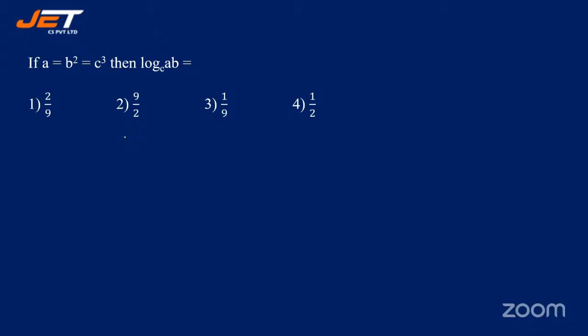I'll just give you 1 full minute for you to work out this, students. Then I'll explain how this has to be done. Yes, so quickly you can do it. If a is equal to b square is equal to c cube, then what is log ab base c?